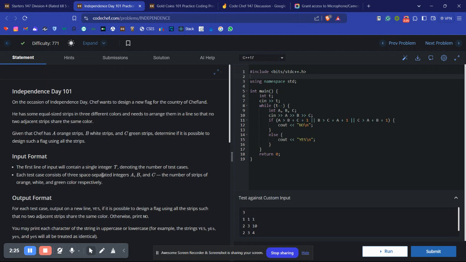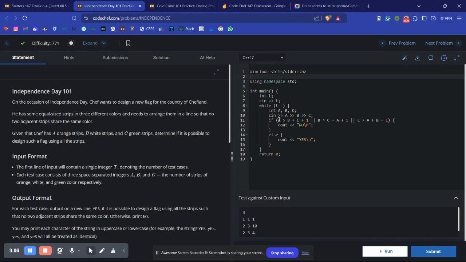If we place B and C alternately between the strips of A, we get 4 strips of A for the 4 strips of B plus C, and there will be one strip of orange remaining which will be placed at the front or end, so we can't avoid placing same color strips together if one color is greater than the sum of the other two colors plus 1, because placing a strip at the end saves us a value of 1.